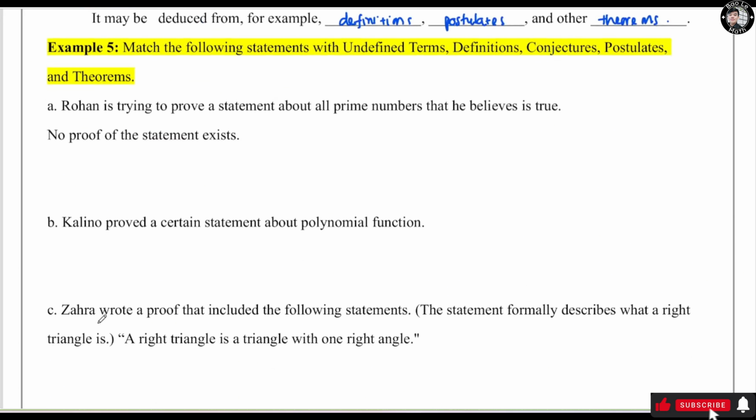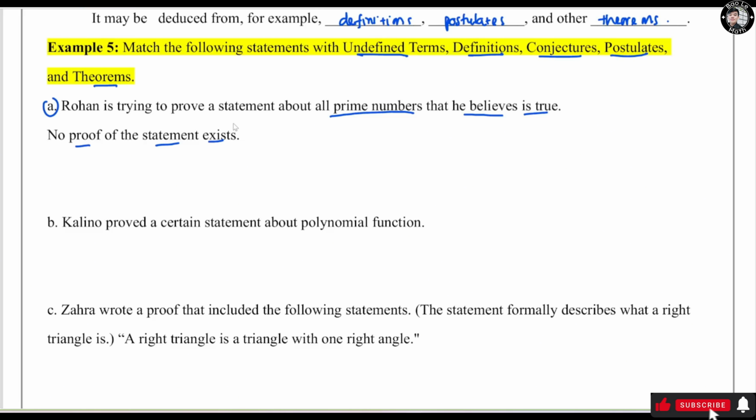Now, example number 5. Match the following statements with undefined terms, definitions, conjectures, postulates, and theorems. Question A. Rohan is trying to prove a statement about all prime numbers that he believes is true. No proof of the statement exists.